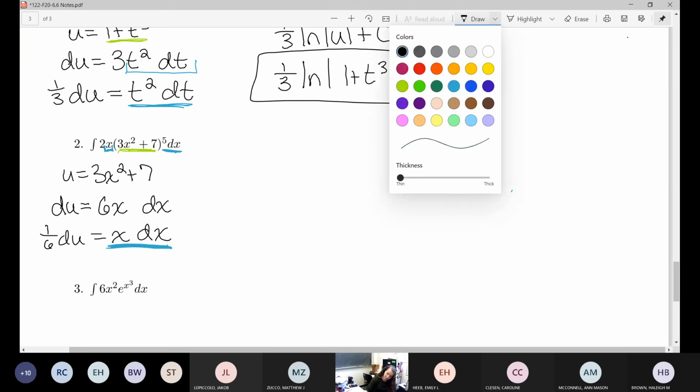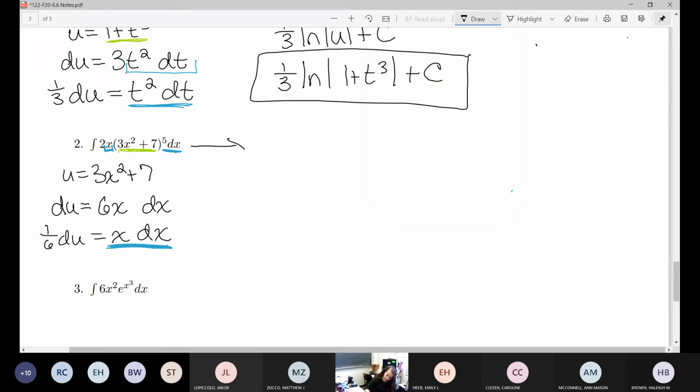Because then what's going to happen, and it's perfectly fine, is that in the original integral, that 2 didn't get replaced by anything. That's fine. It's a constant. It's okay if it doesn't get replaced. So again, while there's a bunch of other different ways you could do this, and if you know them, feel free to do them.